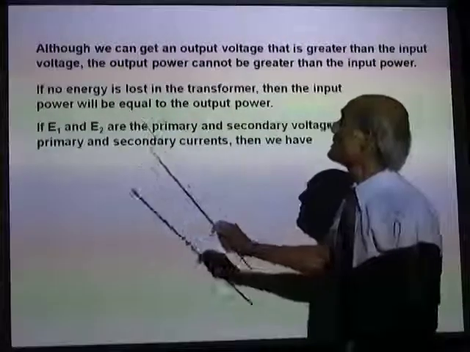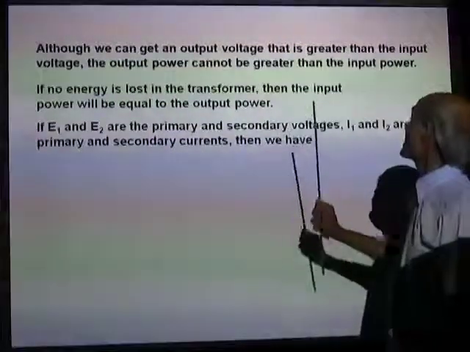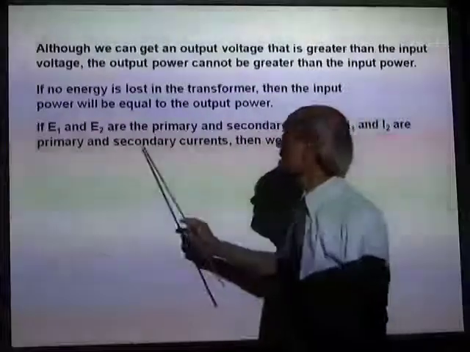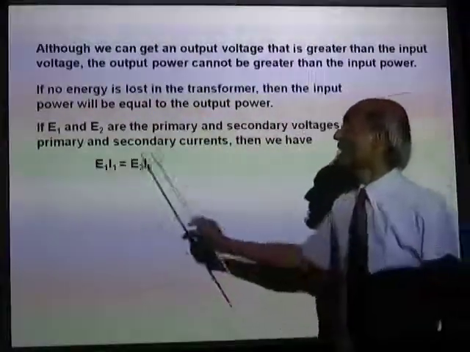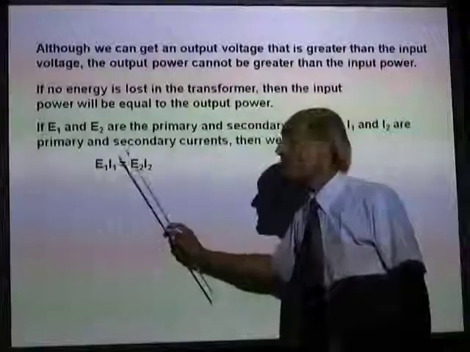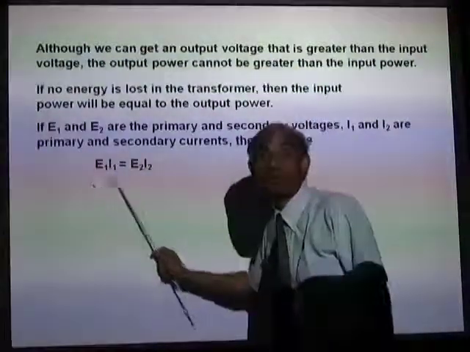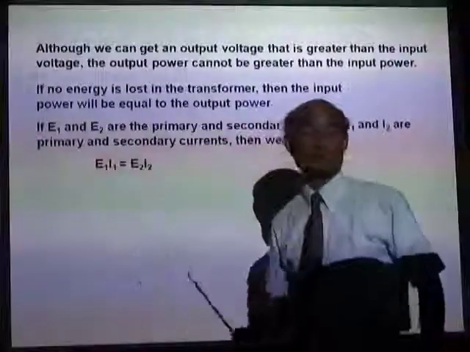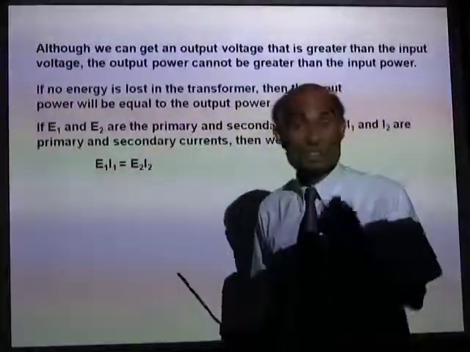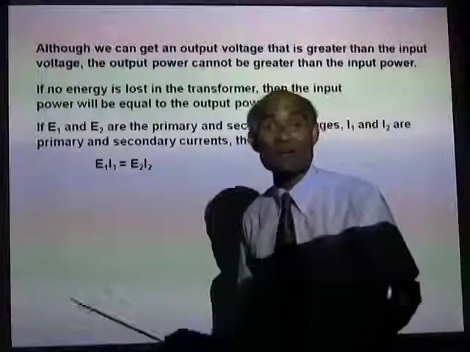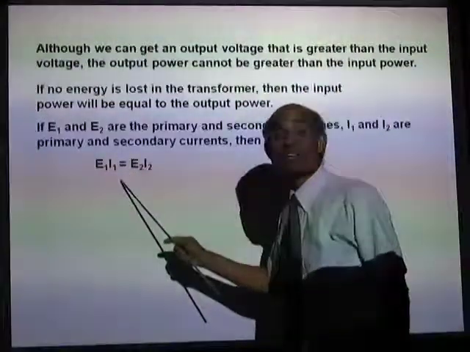If E1 and E2 are the primary and secondary voltages and I1 and I2 are the primary and secondary currents, then the maximum we can have is E1 I1 equal to E2 I2, the input power equal to the output power. But in practice, some power is lost in the transformer in the form of heat and sound.